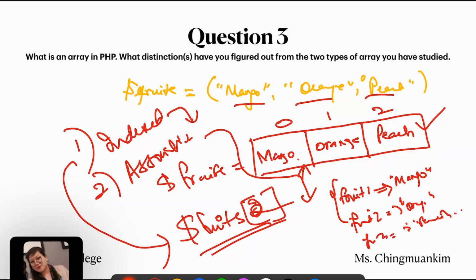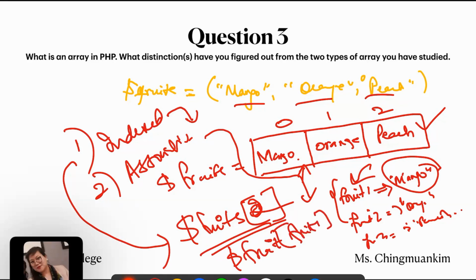Then when we print it out, instead of using indexing, since we are storing mango inside fruit 1, which is called the key, we print it using the key. The array name is still fruits, and we use fruit 1. If you do this, mango would be extracted. So that's a simple difference.